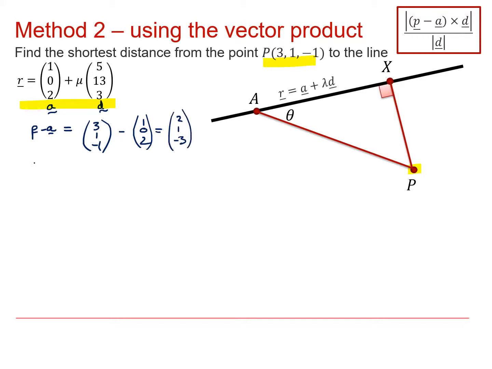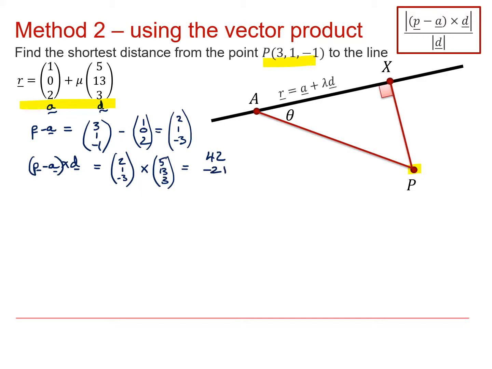I then want to cross that with D, so P minus A cross D will give me 2, 1, minus 3 cross 5, 13, 3. And that gives me 3 take away minus 39 is 42. Minus 15 take away 6 is minus 21.